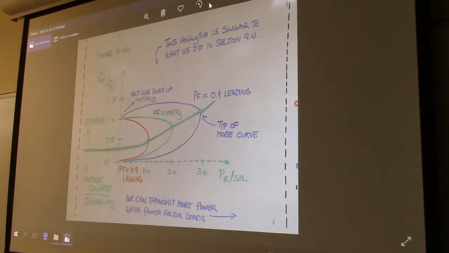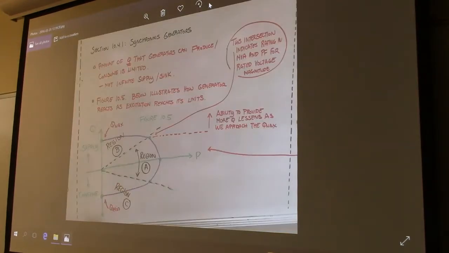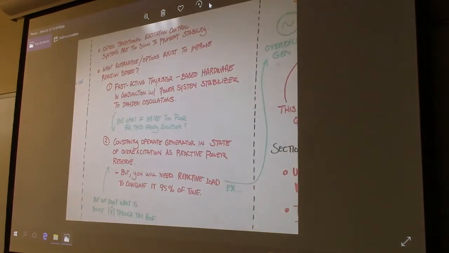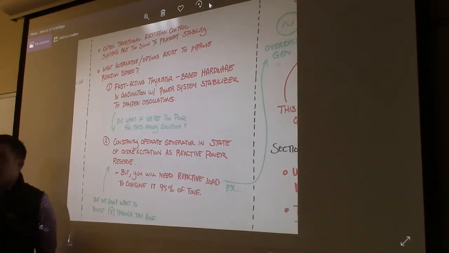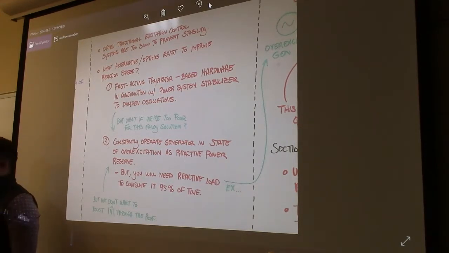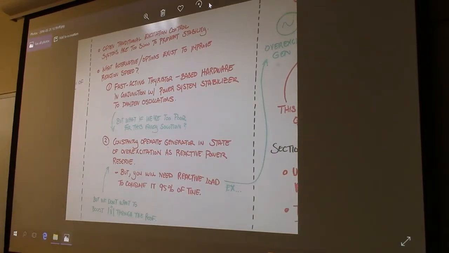So that would be an example of running the system in a very conservative manner. But the downside there is you will need a reactive load to consume it most of the time. Any imbalance is going to be problematic and can actually push us to instability in the other direction.